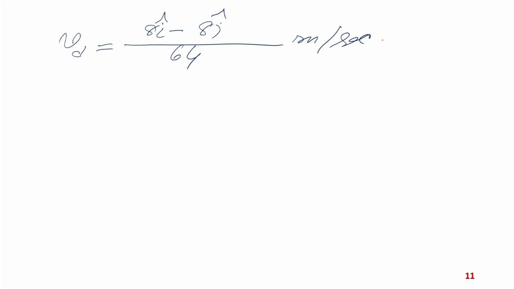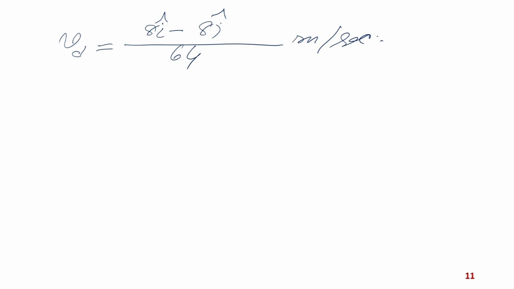So, I can calculate now the drift velocity V d is equal to 8 i unit vector minus 8 j unit vector divided by 64, and its unit is meter per second.